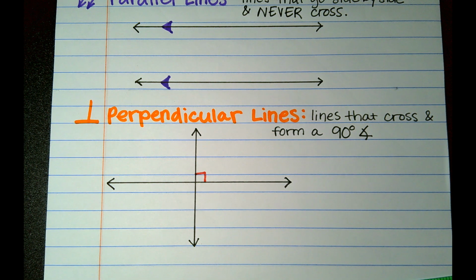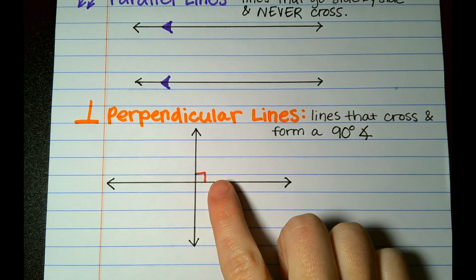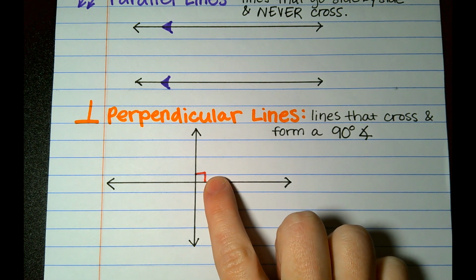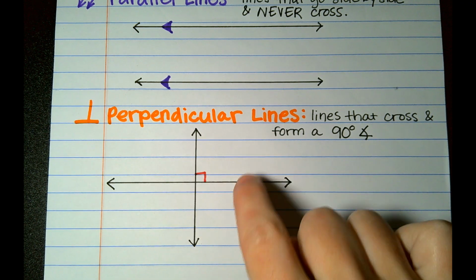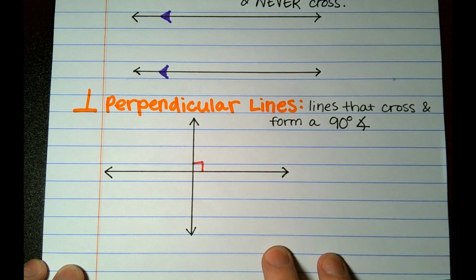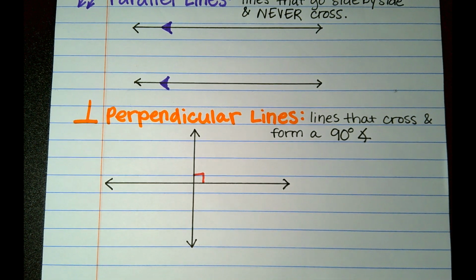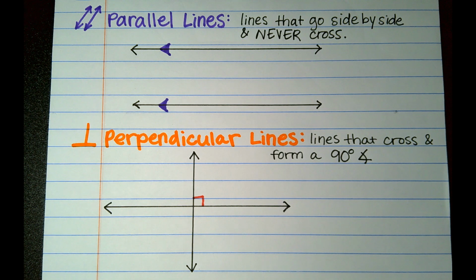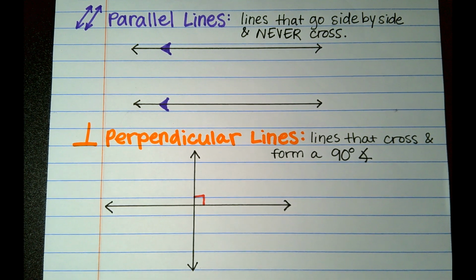In just a moment, we're going to get into why there only has to be one box. That one box tells us that all four of these angles are 90 degrees. We actually don't need a box in all four of the angles. I'll show you why in a minute. So I'll give everybody a second to write that down. I just gave you a couple of things to write. That's fine.